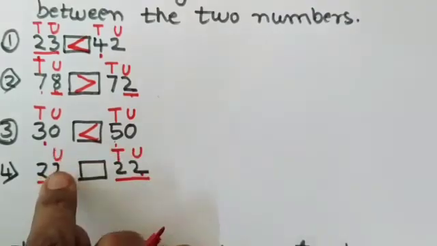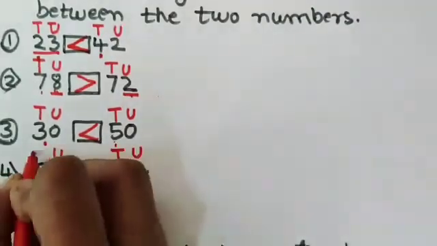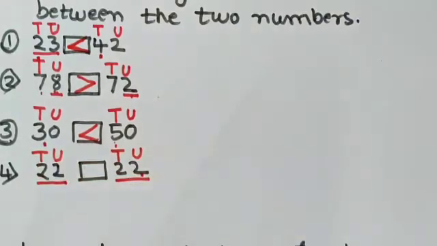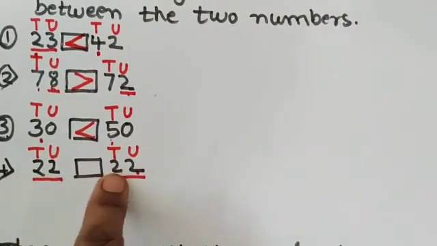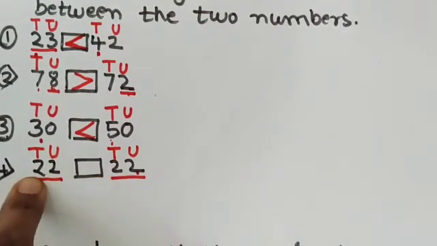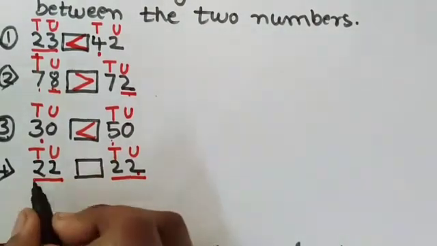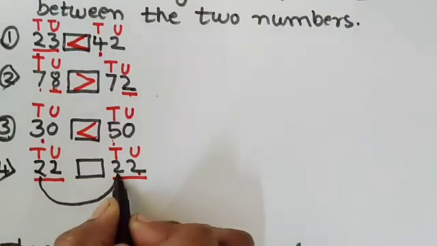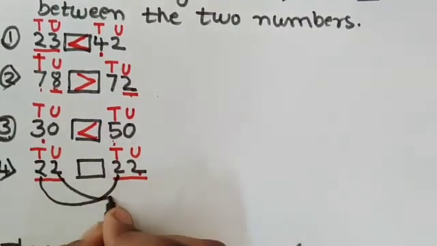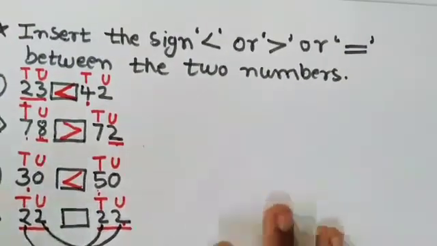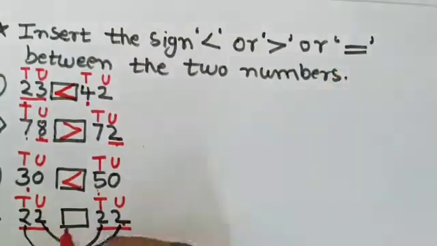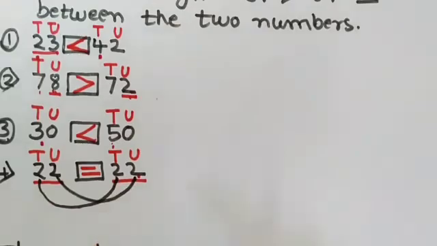Here also we have 2 at units place, and 2 at tens place. Both tens places are equal, and the units are also equal. So which sign will we use? Yes, the equals to sign.